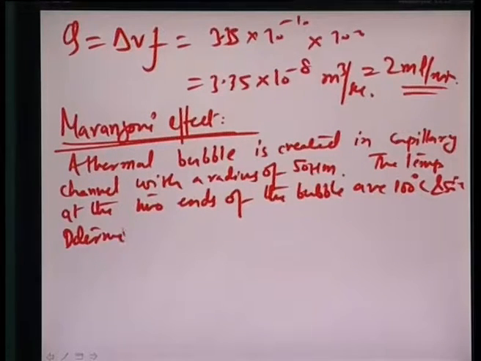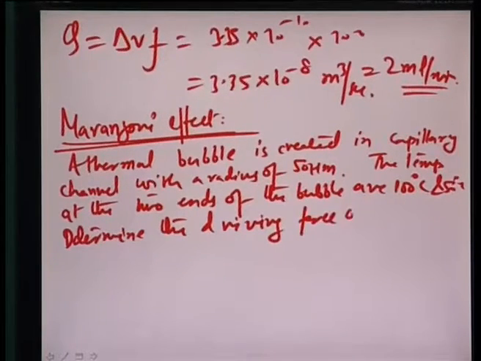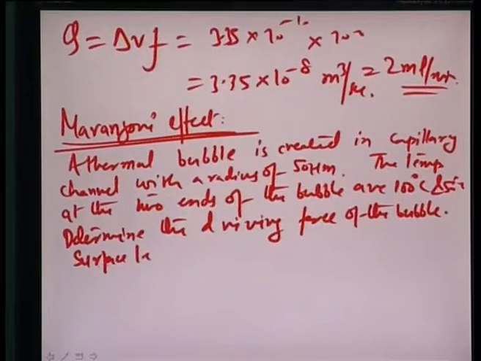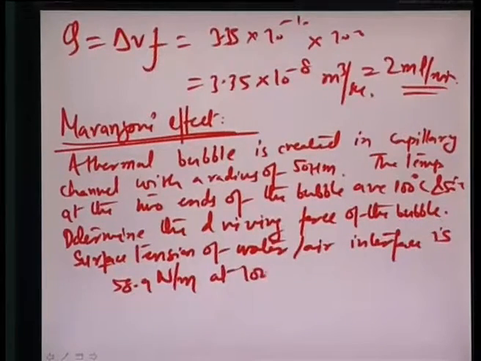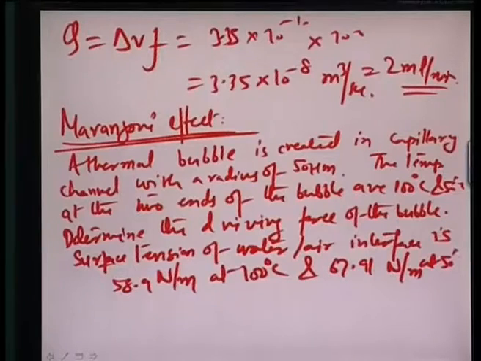You have to determine the driving force of the bubble, given the surface tension of the water-air interface is 58.9 Newton per meter at 100 degrees Celsius and 67.91 Newton per meter at 50 degrees Celsius.